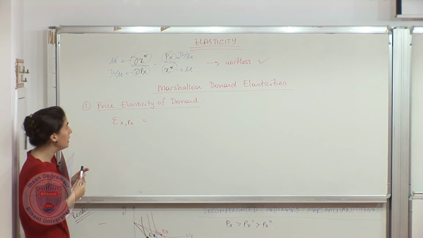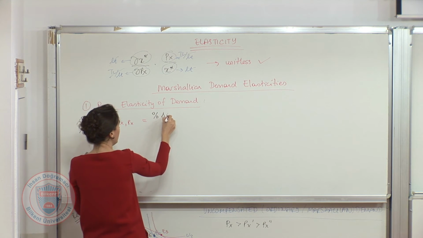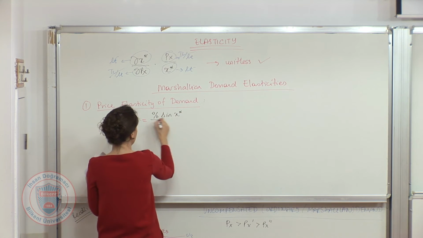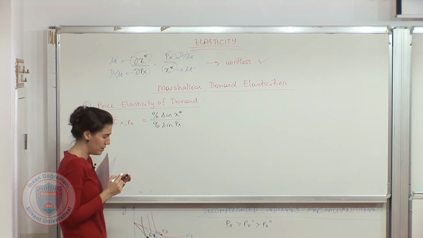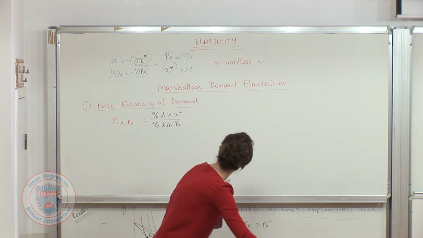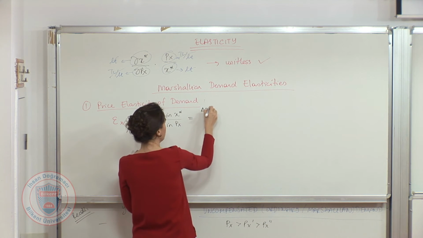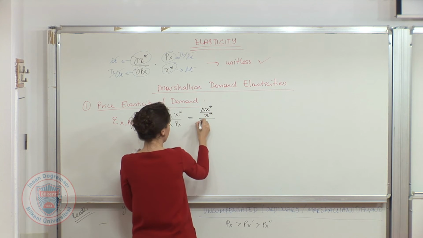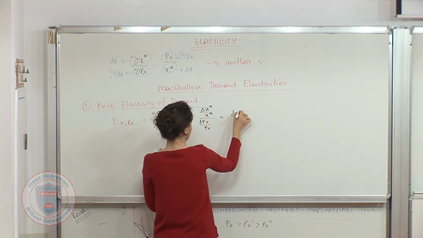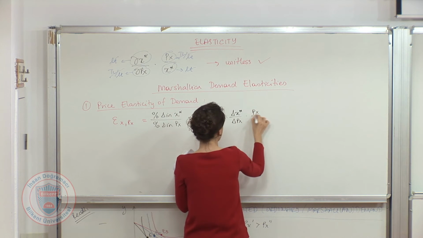This is going to be the percentage change in x star divided by the percentage change in px. What is percentage change? Percentage change in this divided by this: change in px divided by px, right? So del x star over del px, times px divided by x star, right?